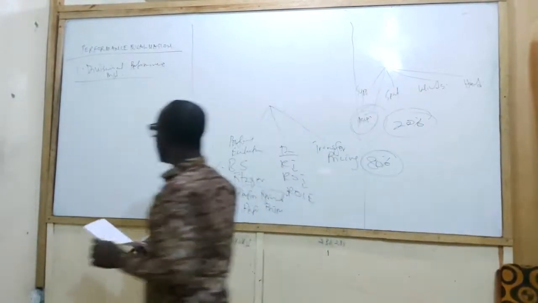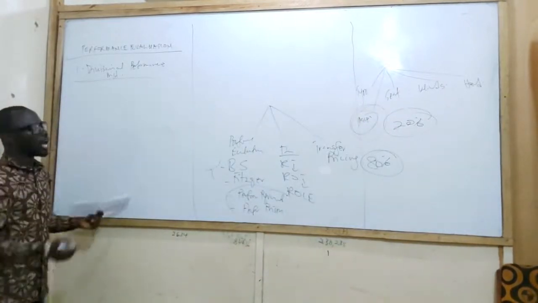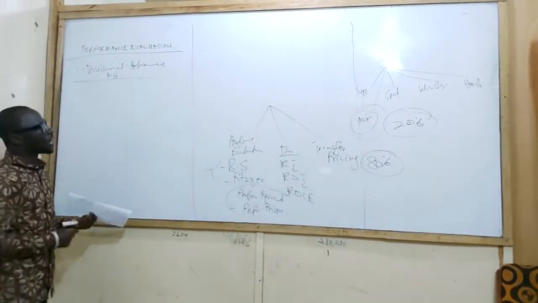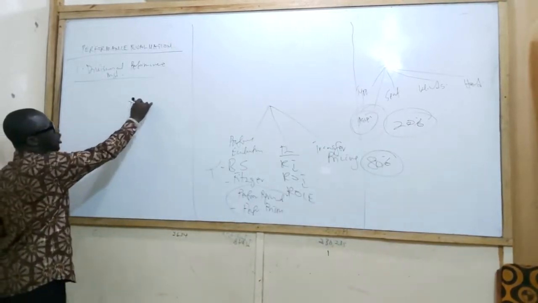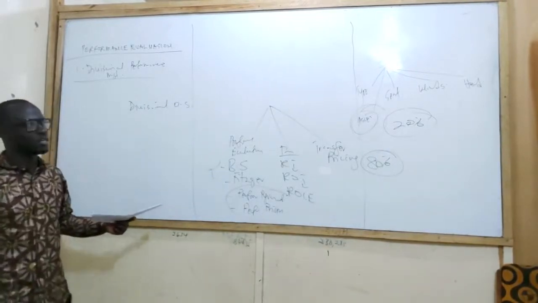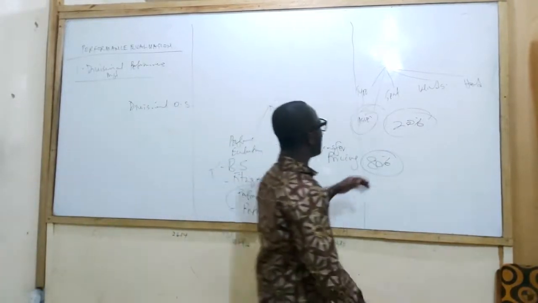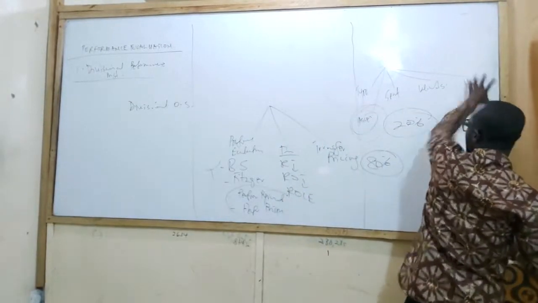Now, when organizations are choosing an organizational structure, one of the suitable organizational structures organizations always go for is to have what we call a divisional organizational structure. What does that mean? It is when the entire entity is divided into various divisions.